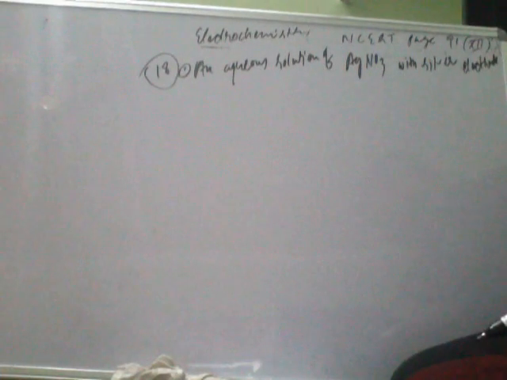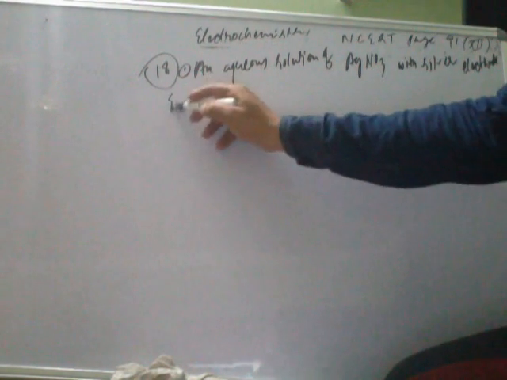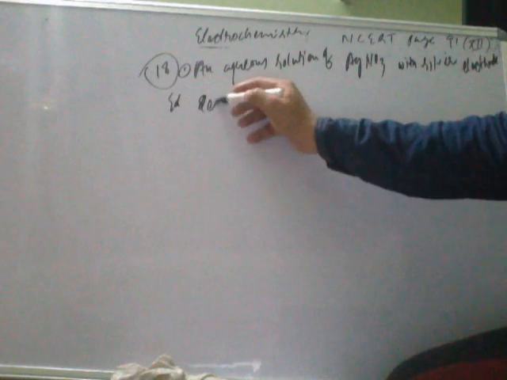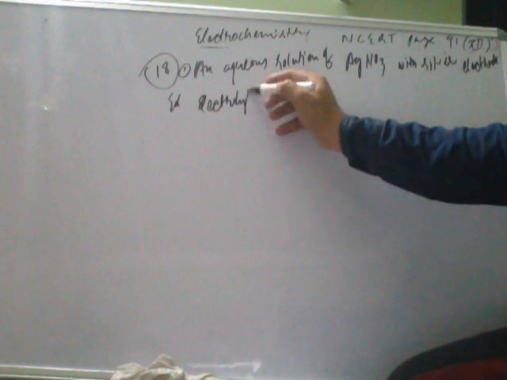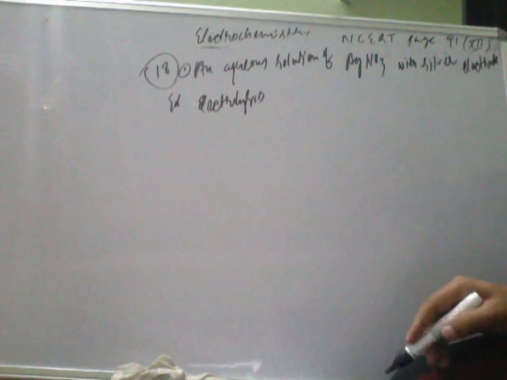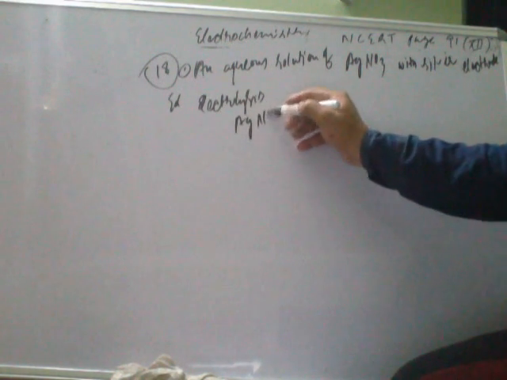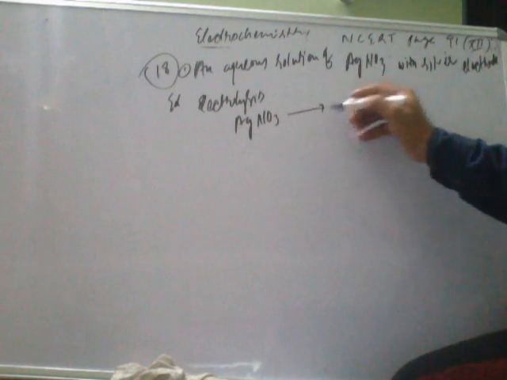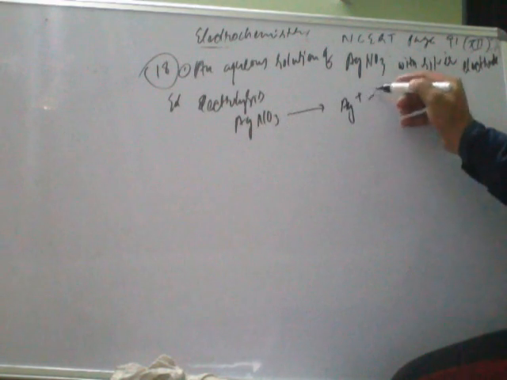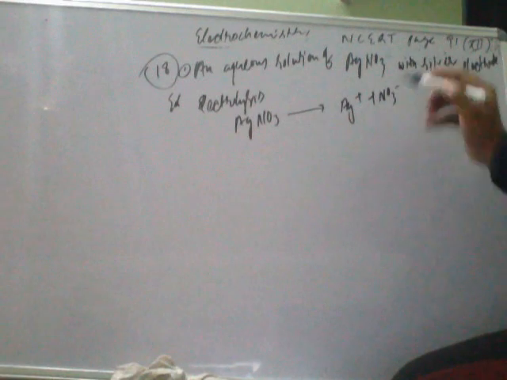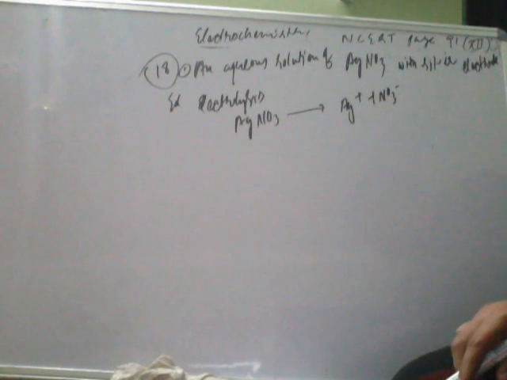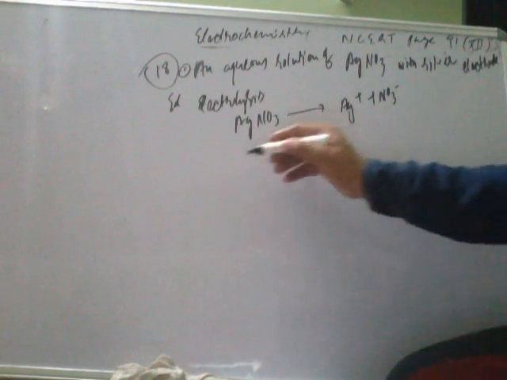So what will be the electrolysis reaction? If you talk about the electrolysis of AgNO3, ionize it: Ag+ and NO3-, right? Now the cathode reaction is reduction.